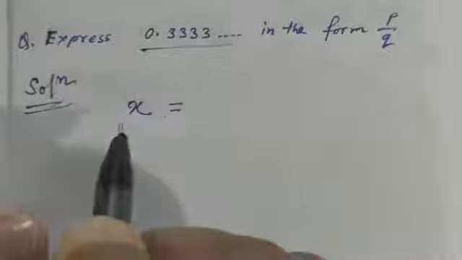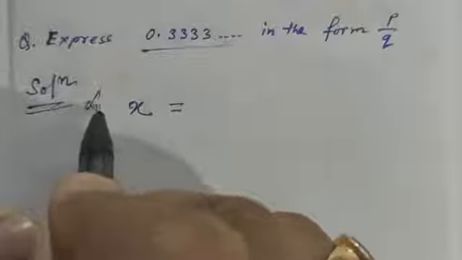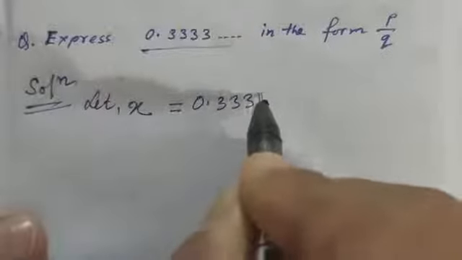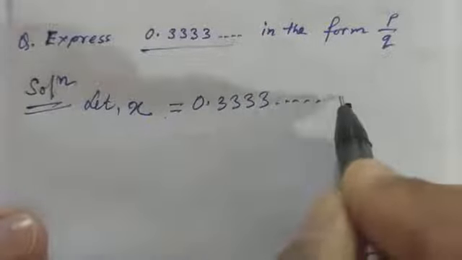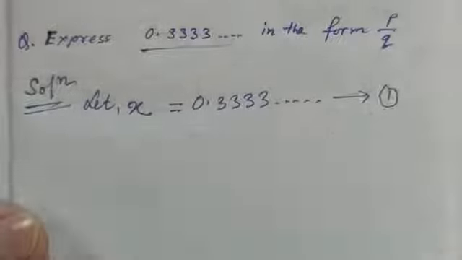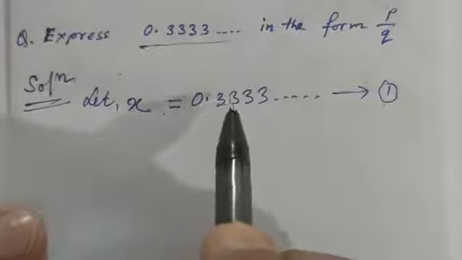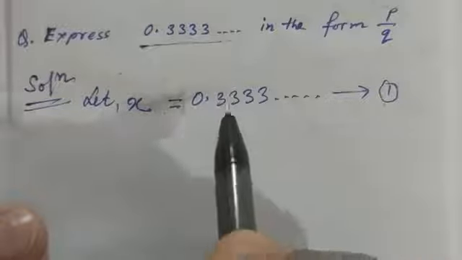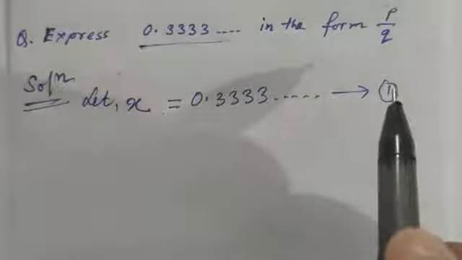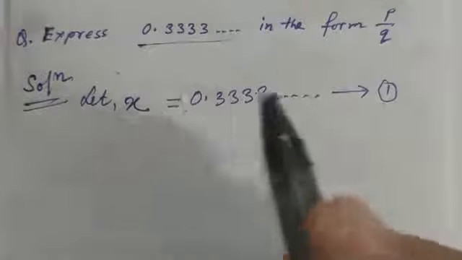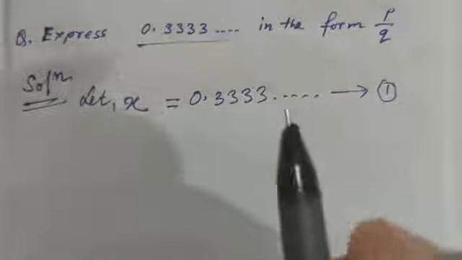Let x be equal to 0.3333 and so on. We will call it equation number 1. As you have seen, only one digit is repeating here. Since only one digit is repeating, we will multiply this equation by 10. If two digits are repeating, then we will multiply it by 100. Remember.